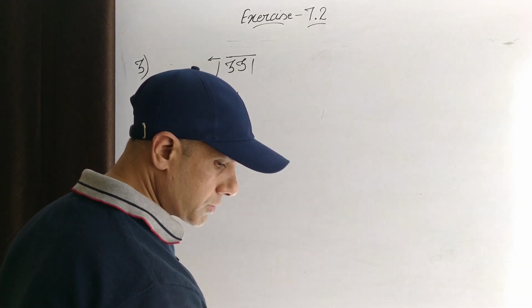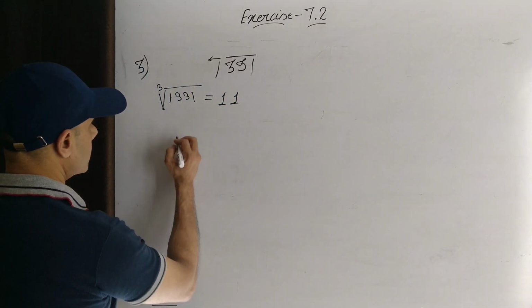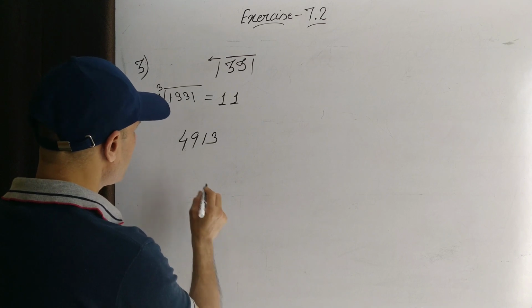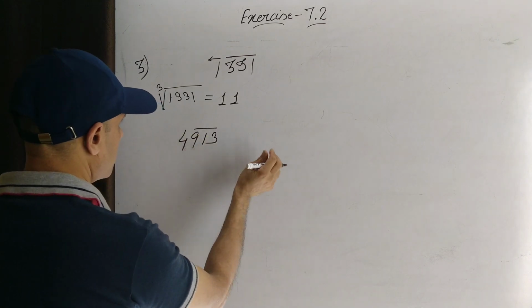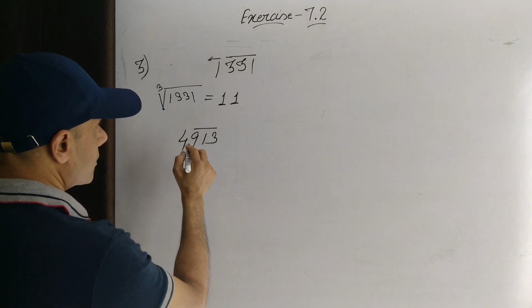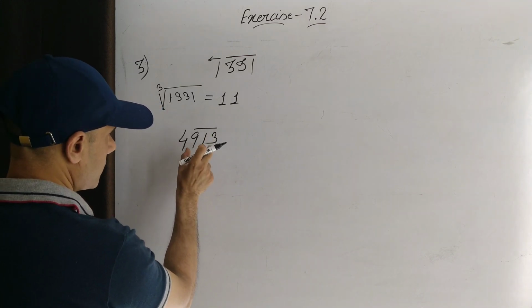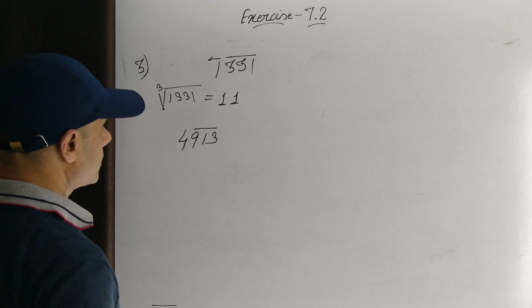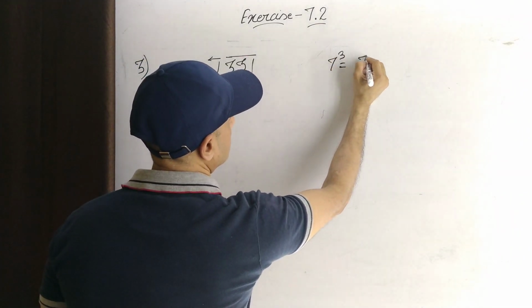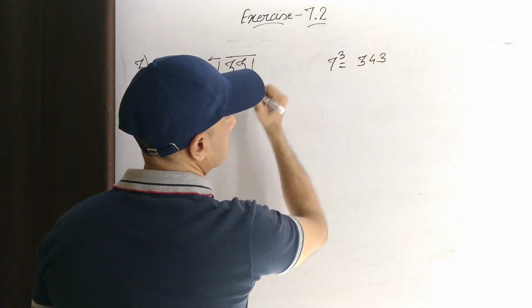Similarly, guess the cube root of 4913. We apply the same method. We take the 3 digits from the right hand side. Now the cube of a number should end with 3. So we know 7 cube is equal to 343.